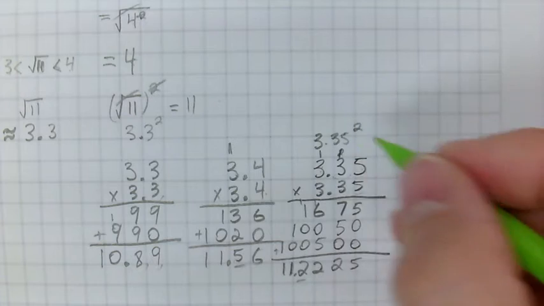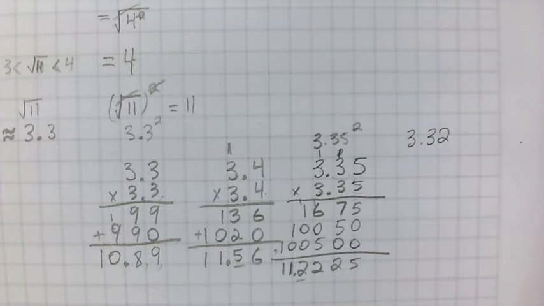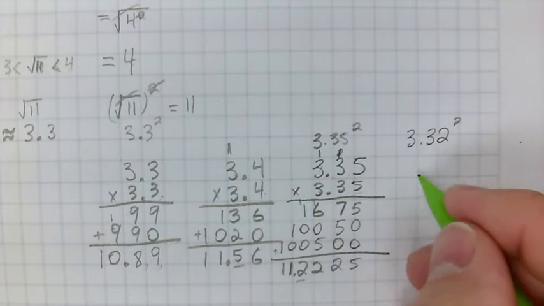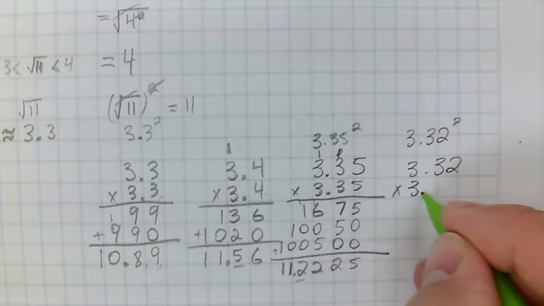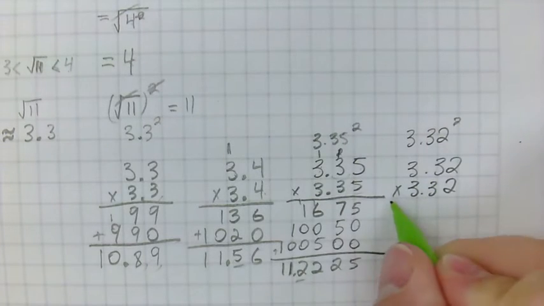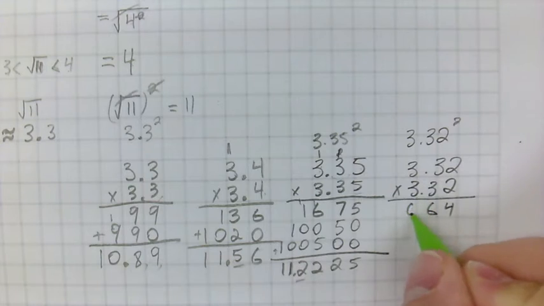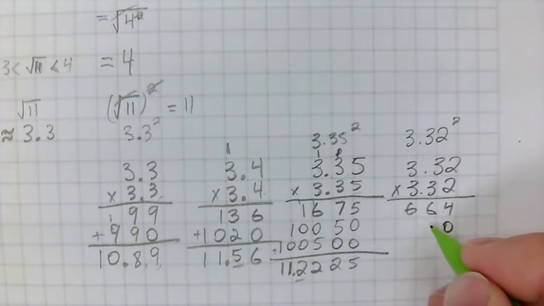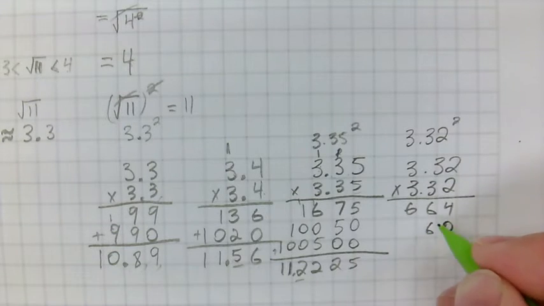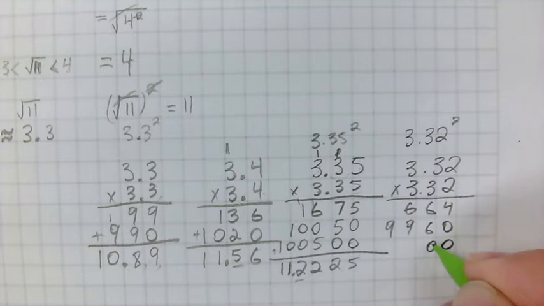What if we lower this to 3.32? Let's square that. 3.32 times 3.32. 2 and 2 is 4, 2 and 3 is 6, 2 and 3 is 6, 0. 3 and 2 is 6, 3 and 3 is 9, 3 and 3 is 9, 0, 0.